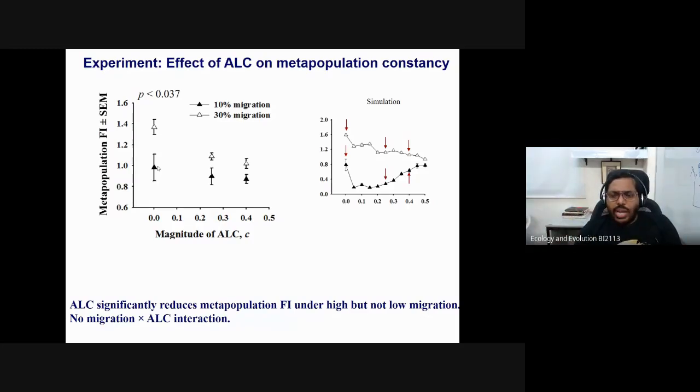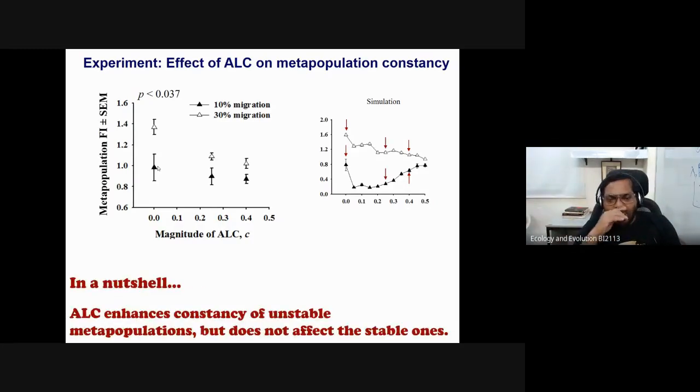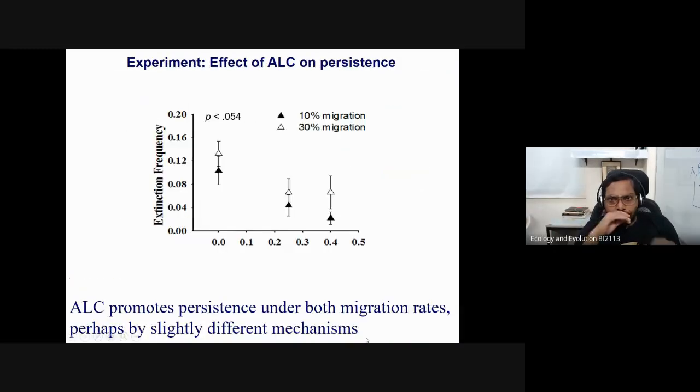So essentially it enhances the constancy of the unstable metapopulation, the 30% one, but does not affect the stable one.